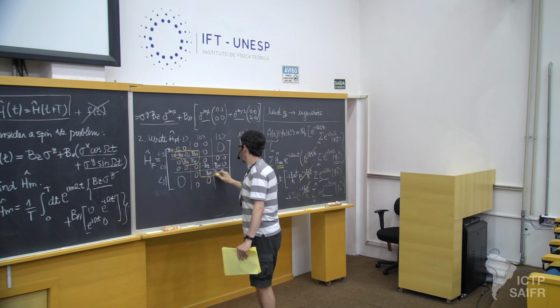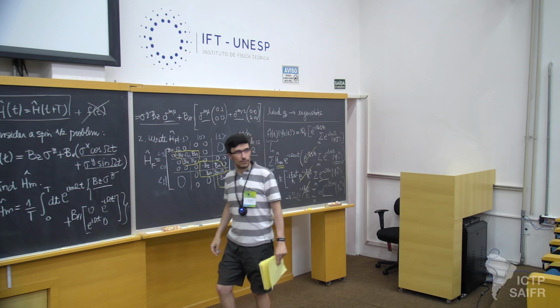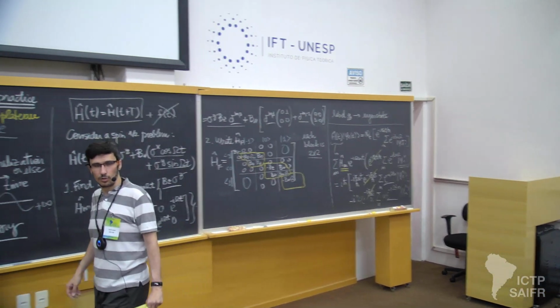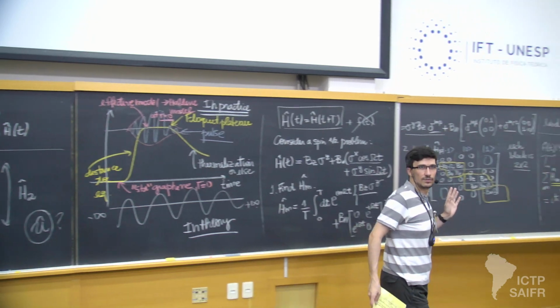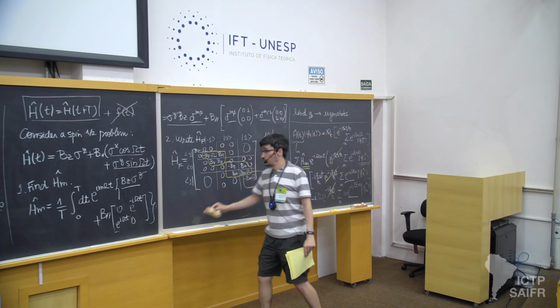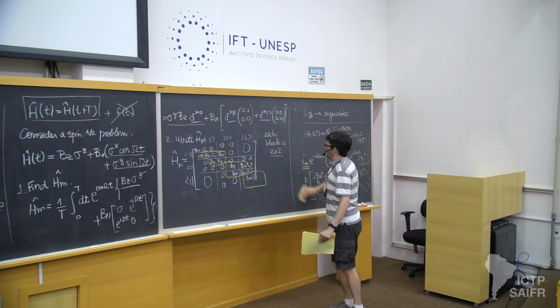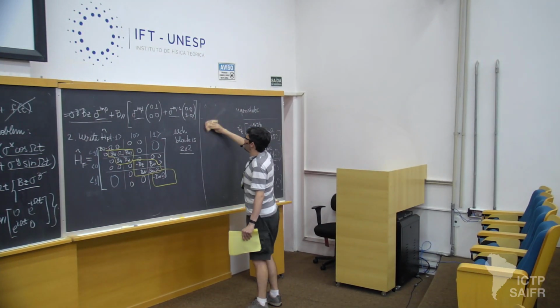This thing here is a 2 by 2 block. This thing here will be a 2 by 2 block. So there are a bunch of 2 by 2 blocks, and only that, okay? And 2 by 2 blocks we can gladly solve. All right, so let's solve it.